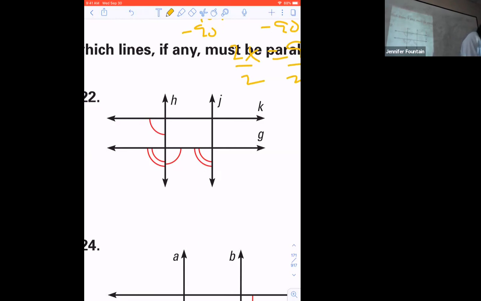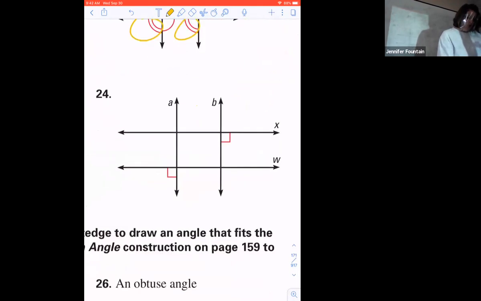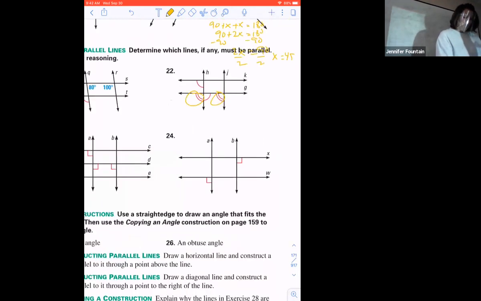So what do we have here that tells us they are parallel? Those two double arcs. Okay, and what are they called? Corresponding angles. Good. Very good. So would that mean H and J are parallel and K and G are parallel? Yep.